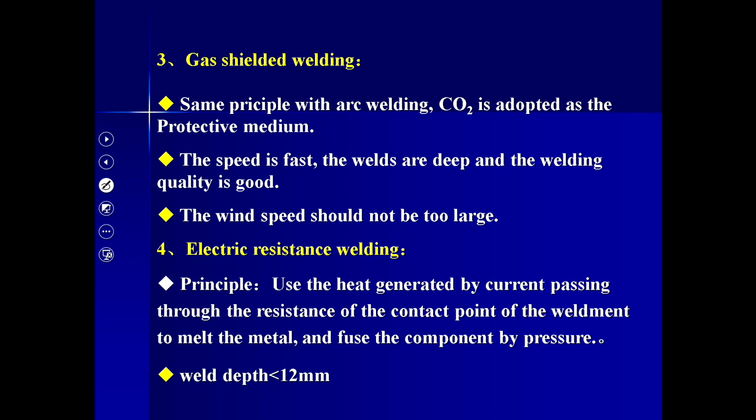The wind speed should not be too large. For electric resistance welding, the principle is to use the heat generated by the current passing through the resistance of the connection. The weld depth can be smaller than 12 millimeters.